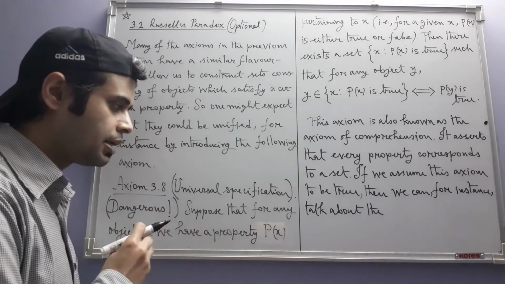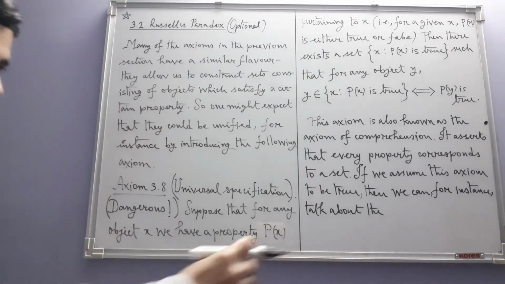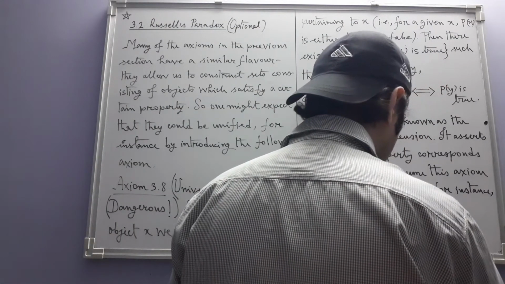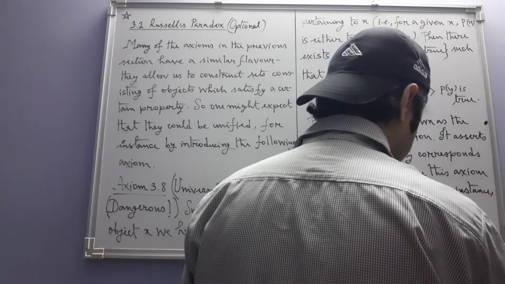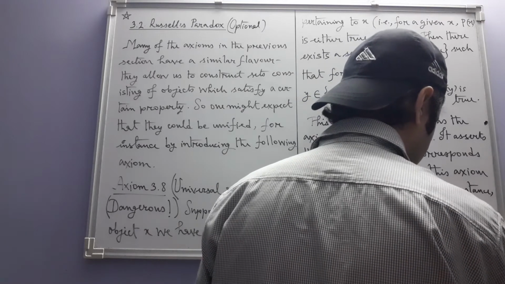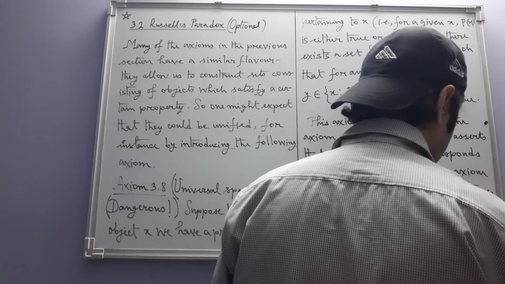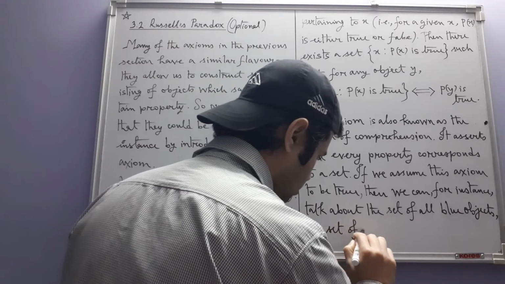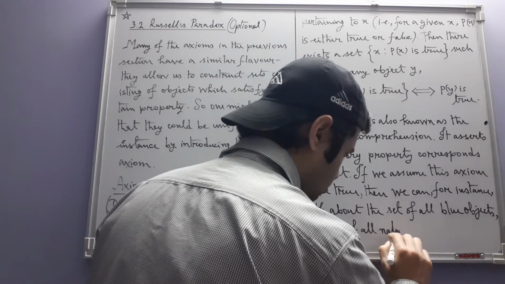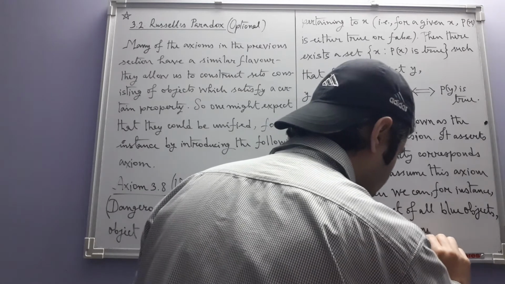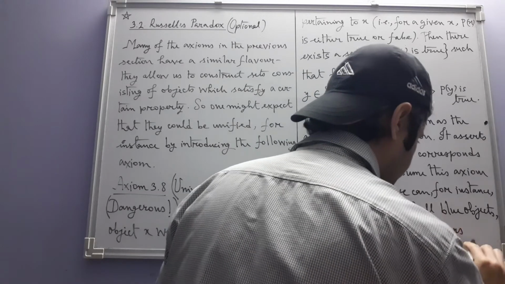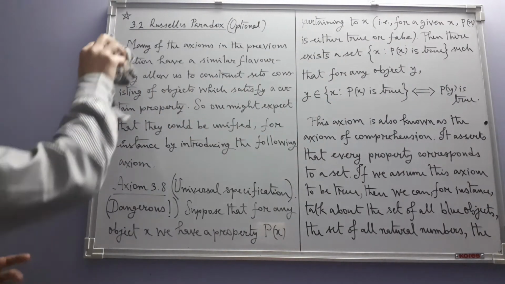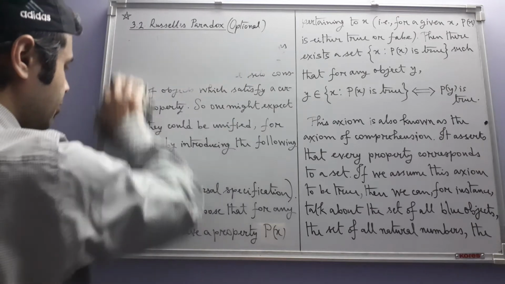We just consider some class of objects and call that class a set. We can talk about the set of all, say, blue objects, the set of all natural numbers, the set of all sets. We can now consider that also.